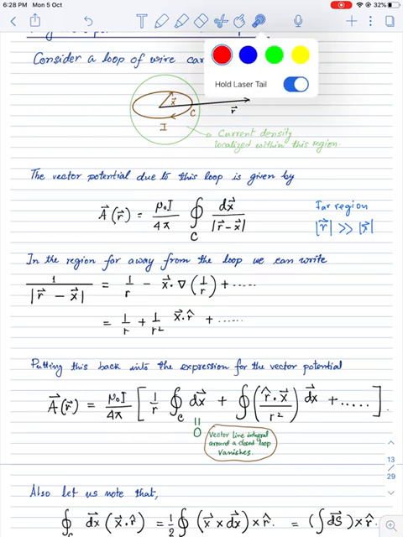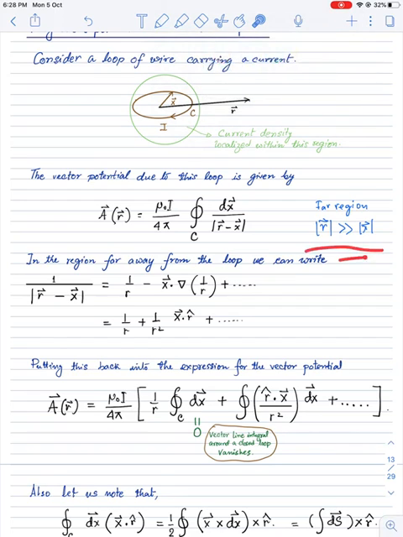The point where I'm interested is very far away from the location of this current distribution. Under that assumption, we can do a Taylor series expansion like we did before, and I'm keeping just the first term here.